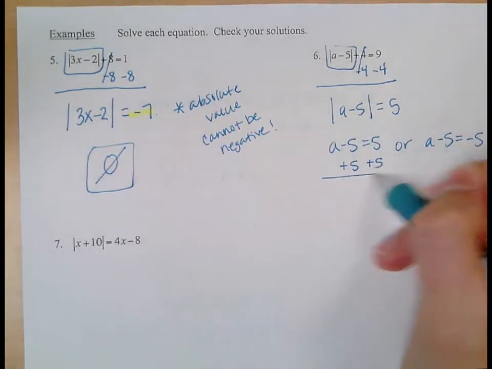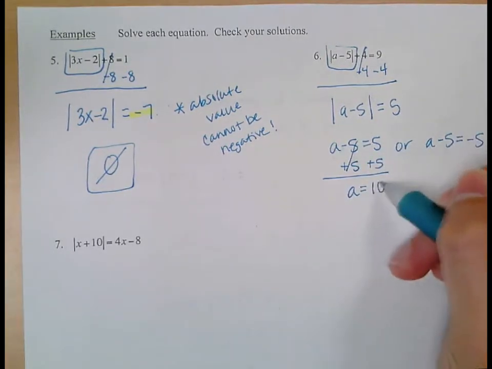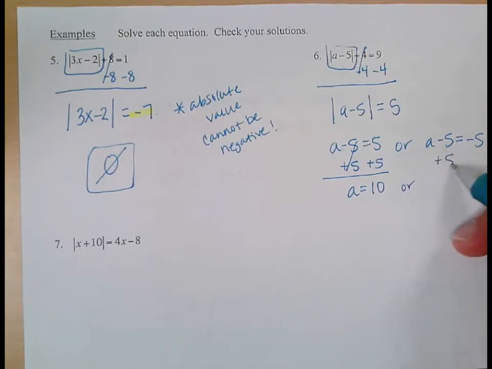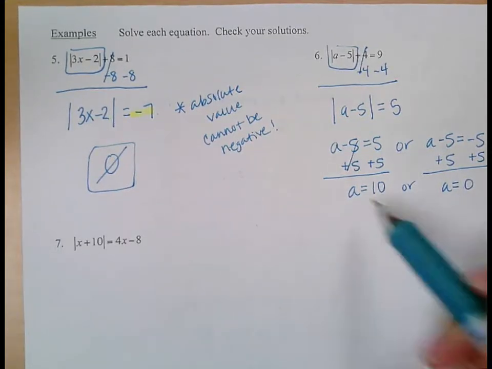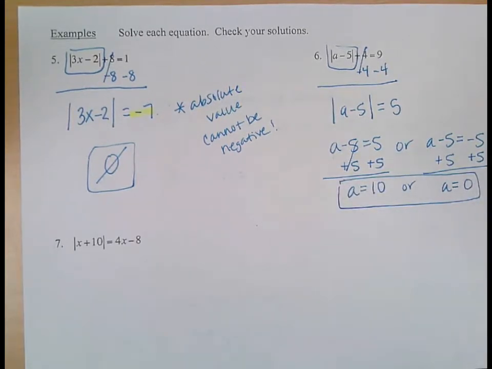If I do that for the first equation, I get a equals 5 plus 5, so a is 10. And for the second equation, I get a is equal to negative 5 plus 5, which is 0. So 10 or 0 are the two solutions for 6.